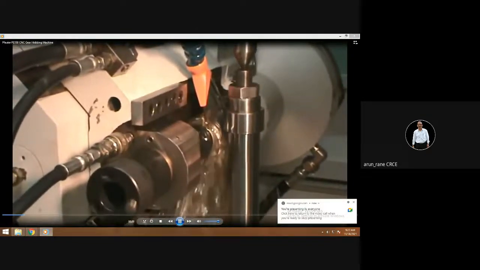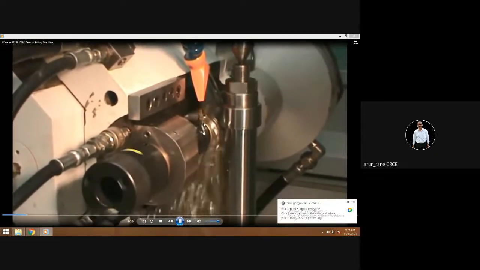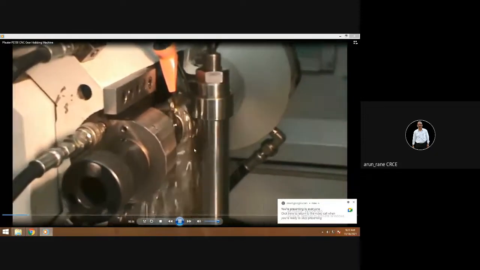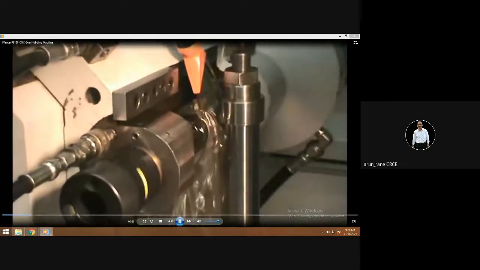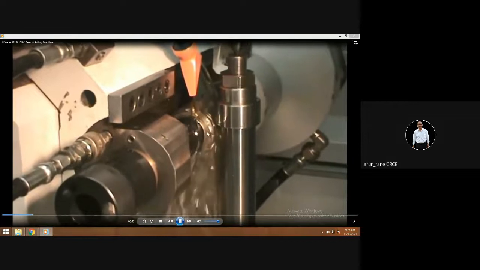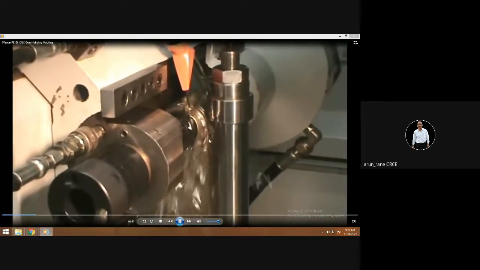You can use soluble oil also. It is not required to mix with water. So this has a better capacity for heat dissipation than your normal oil plus water.